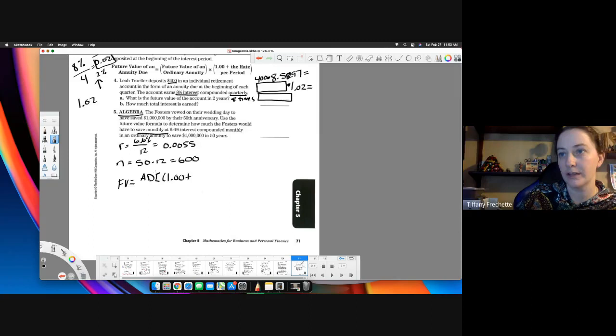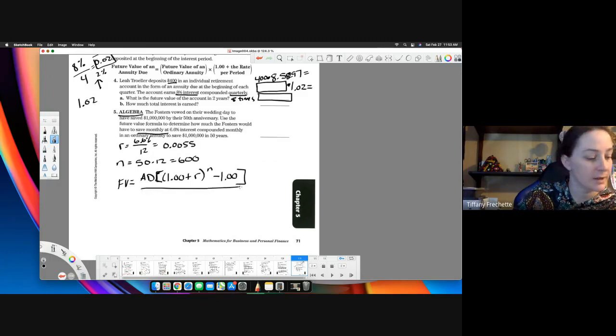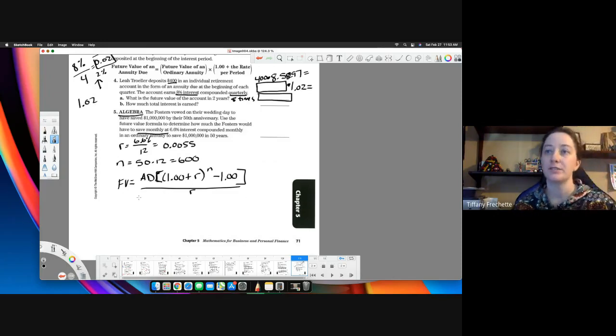It's $1 plus the rate, in brackets, to the N minus $1, and that's all divided by R. Okay, so now let's start putting this in. We already have our R and we already have our N. So this is the formula that we're going to use to calculate this using the future value formula.